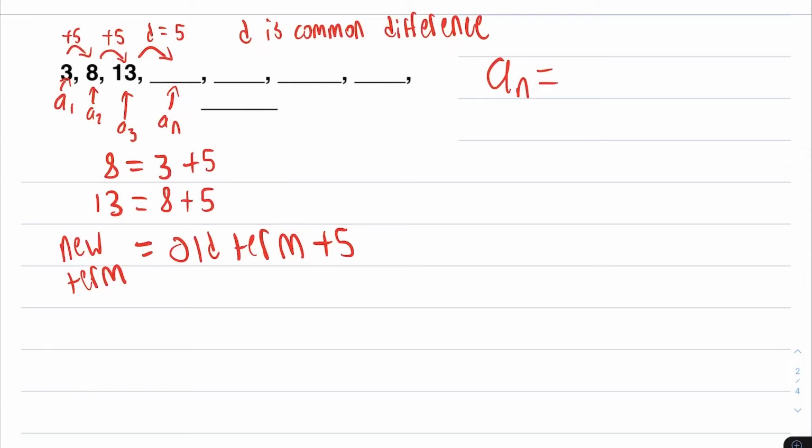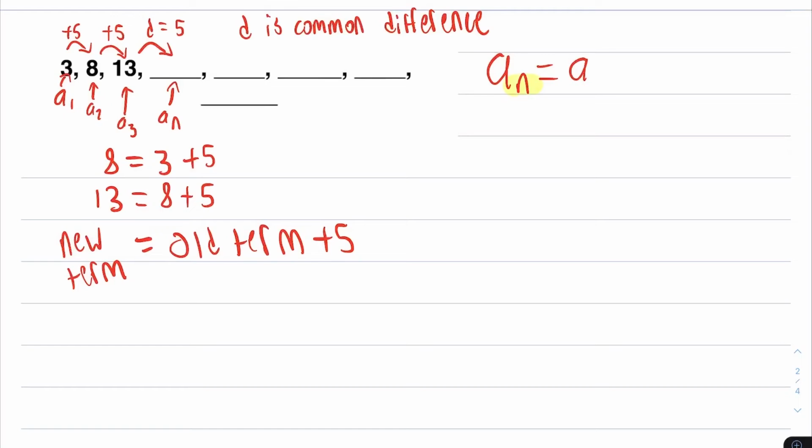To put that in algebraic terms, we would say that a_n is equal to a, and then if the new one is going to be called a_n, then what's the one right before it? Let's take a look at the left again. The new one is a3. What's the number before 3? a2.